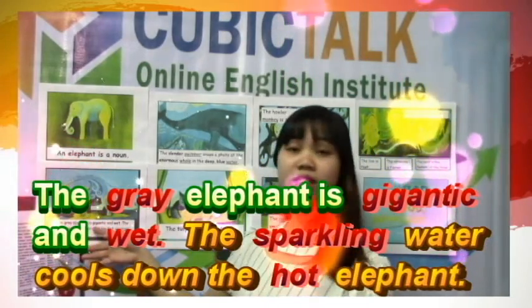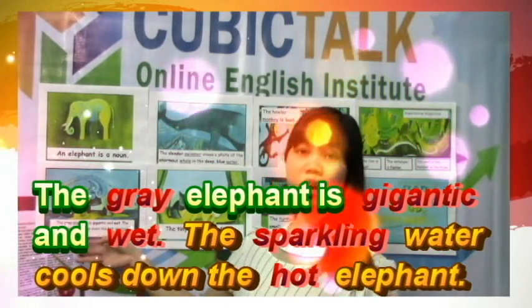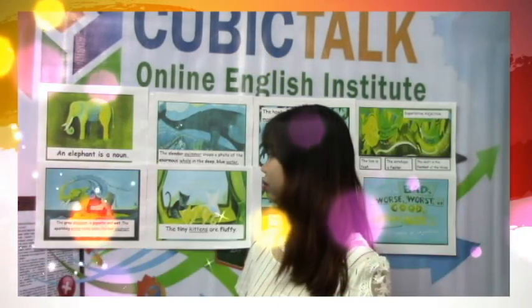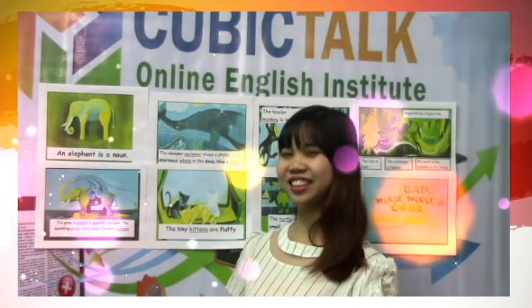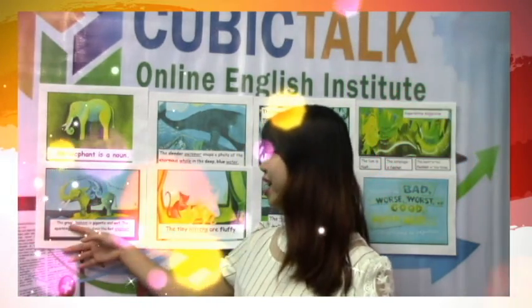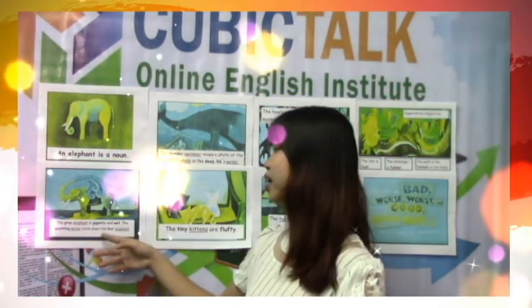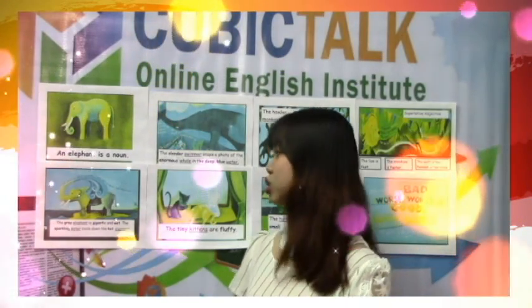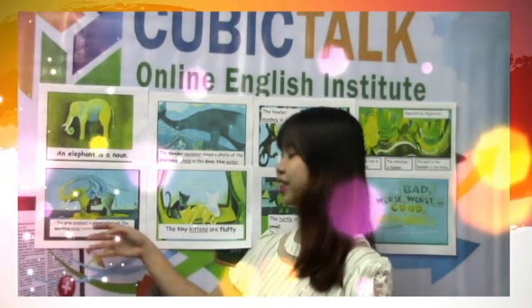Okay, so in this example, will you tell me what are the adjectives in this one? There you go. Gray, gigantic, wet, and hot are the adjectives which describe the noun elephant.